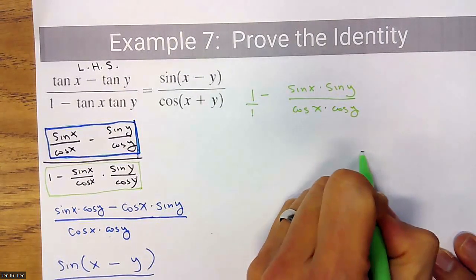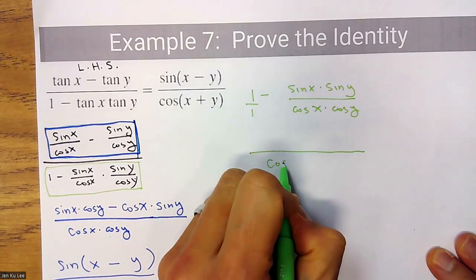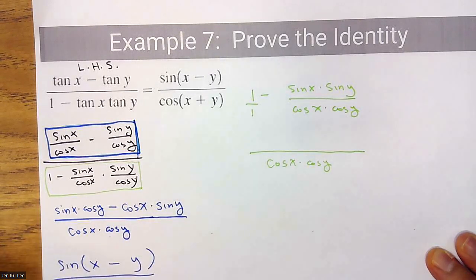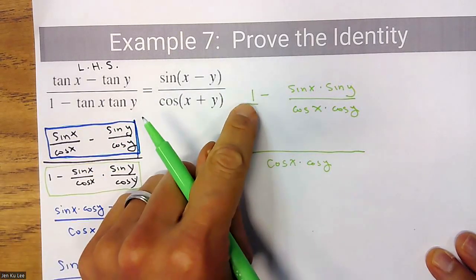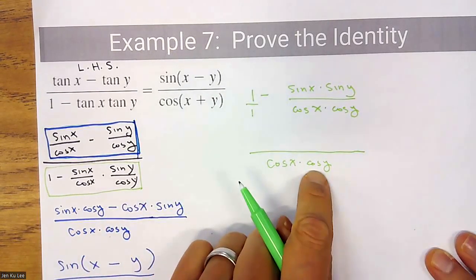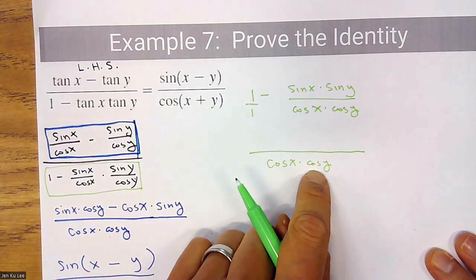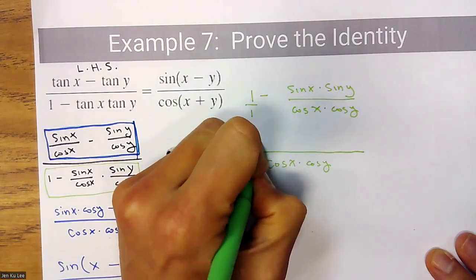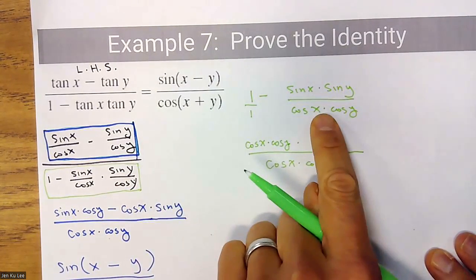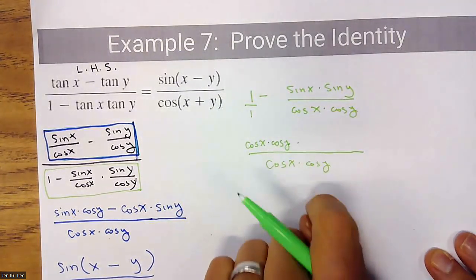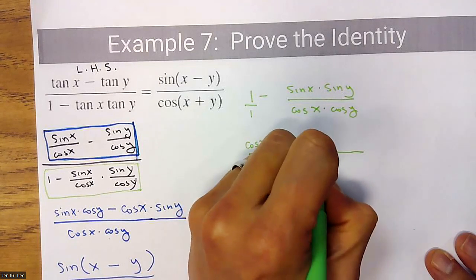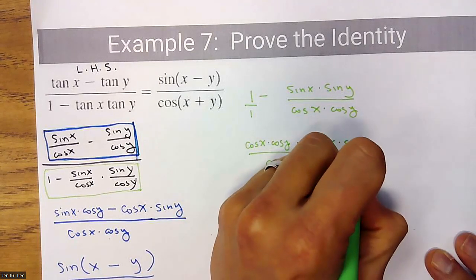Get the common denominator, which would be cosine of x times cosine of y, correct? So here, I will need to multiply both the numerator and denominator by cosine of x times cosine of y. So cosine of x times cosine of y, and here I don't need anything because it already has that denominator. So I'm going to rewrite minus sine of x times sine of y.